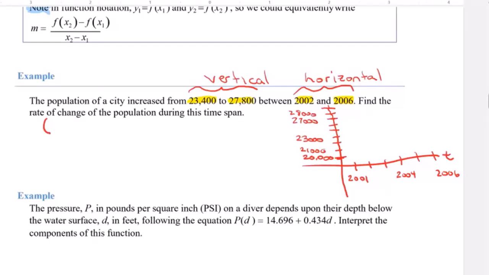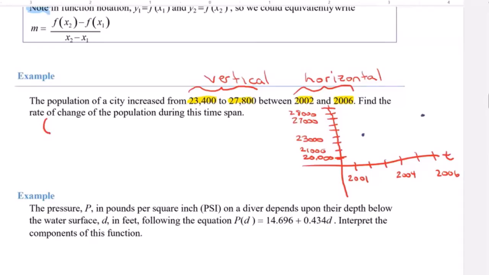Now, if I were to plot these points, I would say in 2002, I'm at 23,000 and 400. So let's say right here. And in 2006, I'm at 27,800.